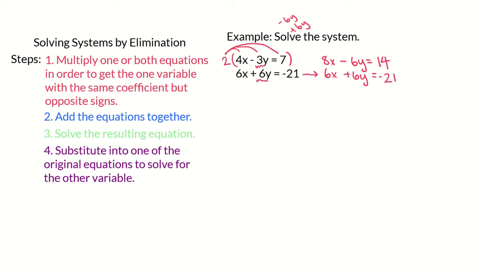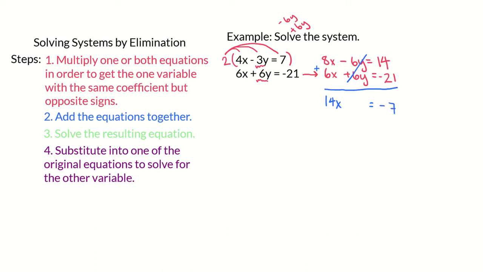So after those variables are lined up with positive and negative of the same coefficient, we add the two equations together. So that means we add each piece. 8x plus 6x is 14x. Negative 6y plus 6y cancels, so there are no y's in the equation. And then 14 plus negative 21 is negative 7.